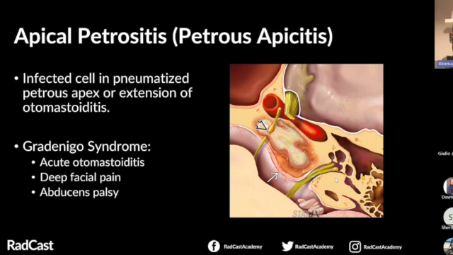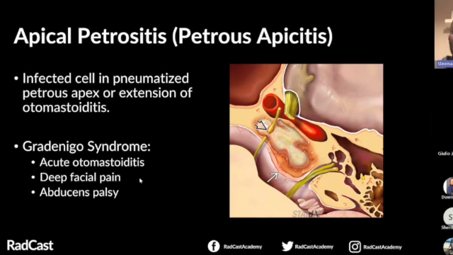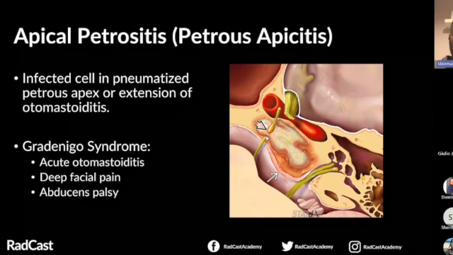And these patients will present clinically with acute otomastoiditis, deep facial pain, and an abducens nerve palsy. So that's called Gradenigo syndrome. The sixth nerve, your abducens nerve, runs through the petrous apex in Dorello's canal. So if you have apical petrositis, then it can lead to a sixth nerve palsy.